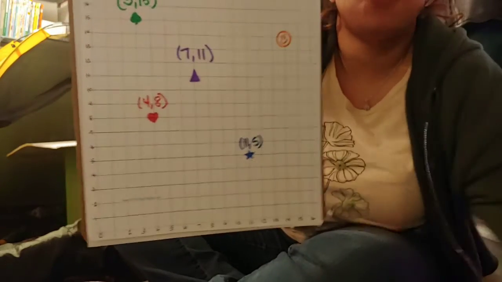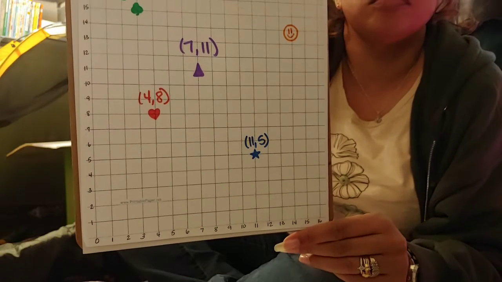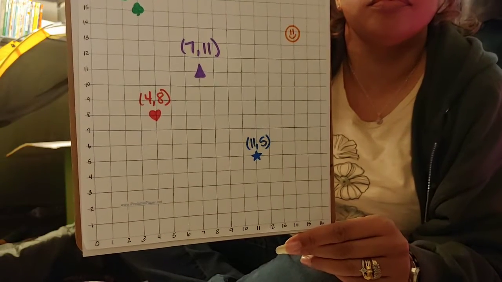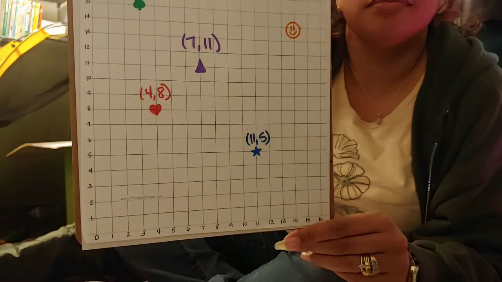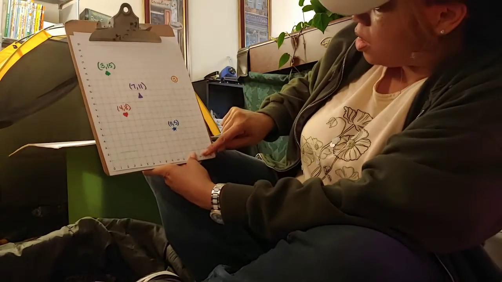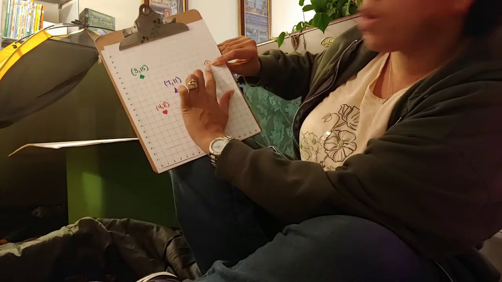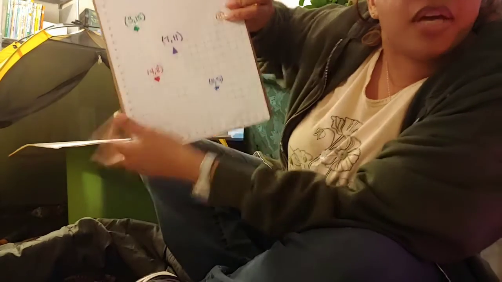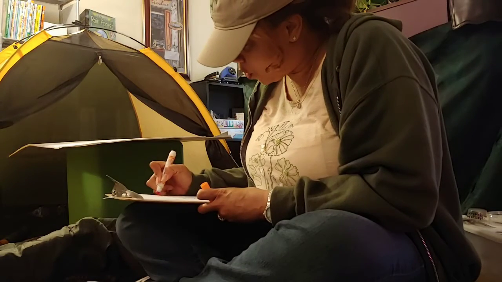And what would the coordinates for our happy face be? If you take your finger, you go all the way up here, and go all the way across, and where they meet, that's going to be 14, 14.